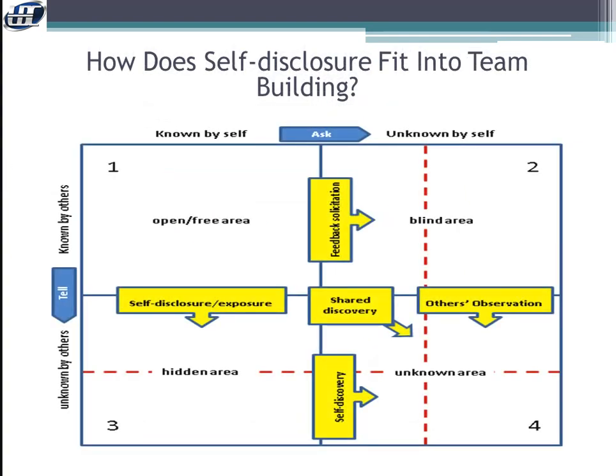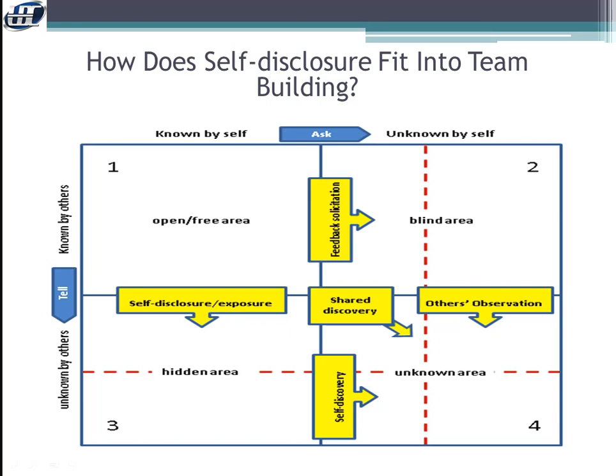So to give you more illustration and to see how self-disclosure fits into team building, here we can see that by asking for more information about yourself, by getting constructive feedback from others about you, the blind area will be smaller. So giving feedback here will make the blind area less, so you know more about yourself from others.